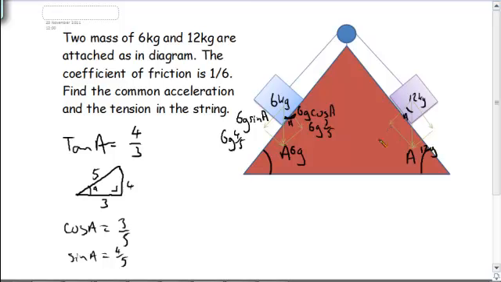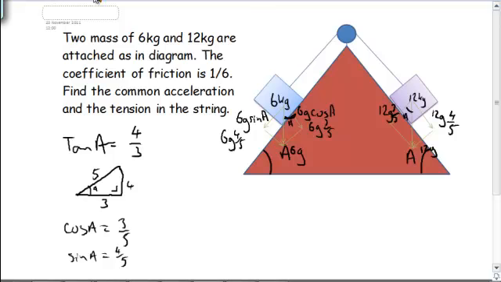Similarly for this one, the component acting directly into the plane would be just double that, 12g times 3/5, and the component acting straight down the plane is 12g times the sine of the angle, which would be 4/5.